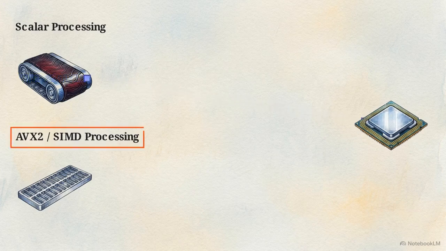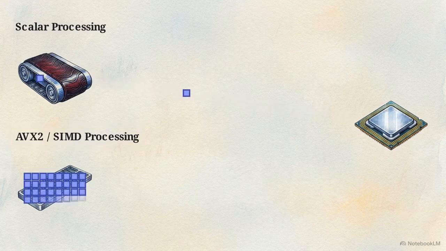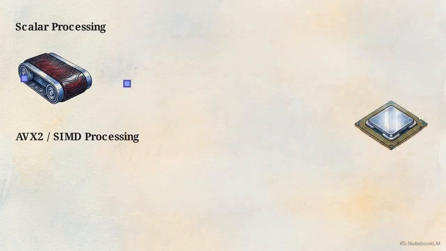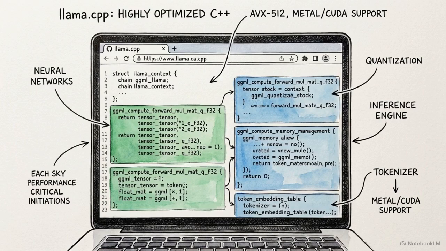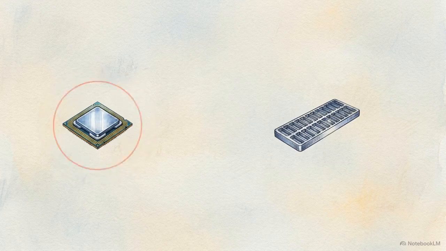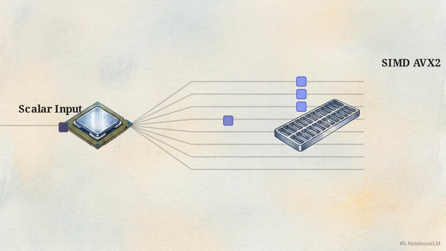The bottom row shows the AVX2 instruction set, which packs up to 32 integers into a single register and processes them all in a single clock cycle. The software engine running under the hood, a framework called llama.cpp, is written specifically to detect those AVX2 capabilities on your processor and route the mathematical workload straight through those wide registers.